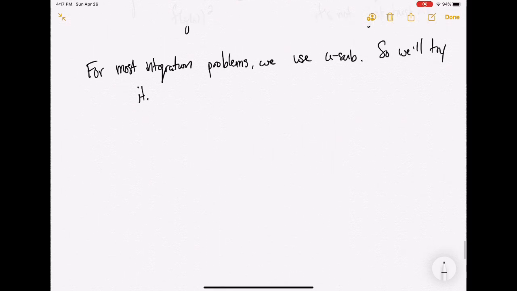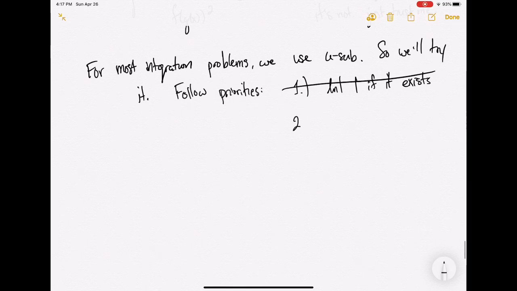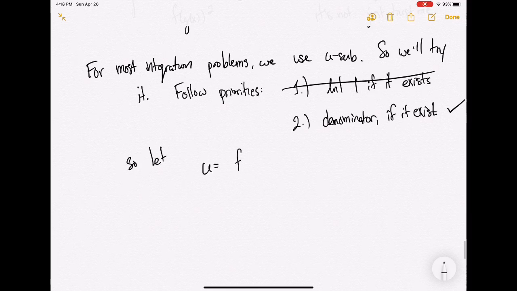Let's follow priorities. One, natural log, if it exists. It does not. Two, denominator, if it exists, which it does.